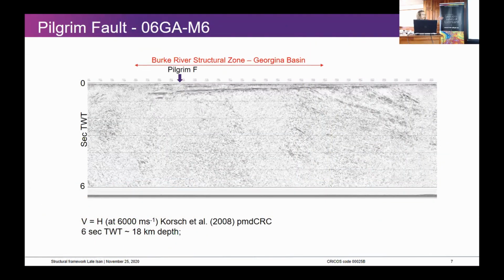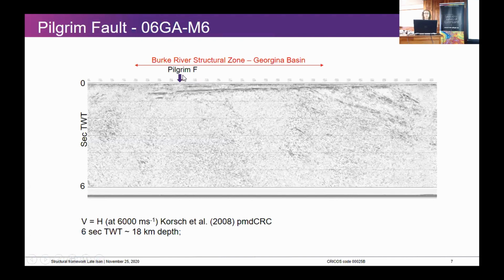These images are from the Korsch publication workshop at the end of the pmd*CRC. You can see the extent of the Burke River structural zone. It's not necessarily a structural zone; it's just how it appears in plan view, but in cross section we can see it really is a half graben with controlling structures here on the left-hand side.